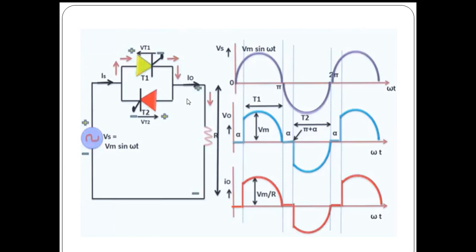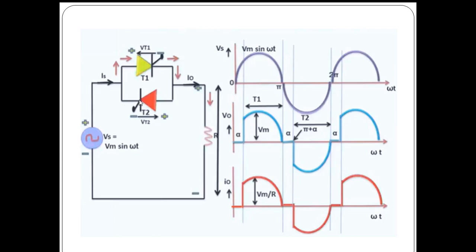AC supply source will be represented like this during positive cycle from instant 0 to pi, and pi to 2 pi we have negative half cycle. We know the thyristor will conduct when it is forward biased and a trigger signal is applied. So during positive half cycle, this positive will forward bias thyristor T1. Similarly, this will reverse bias thyristor T2.